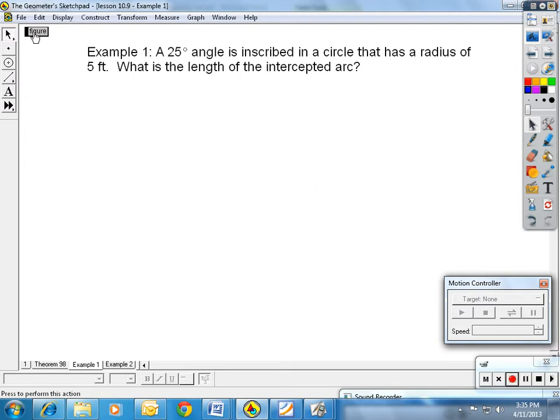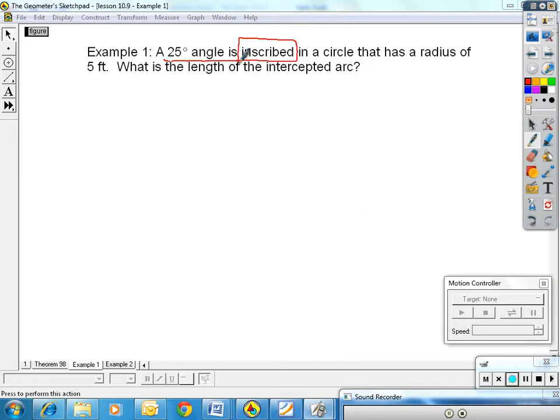Again, I've already shown you the figure, so it's kind of let the cat out of the bag. But looking at example 1, a 25-degree angle is inscribed in a circle that has a radius of 5 feet. What is the length of the intercepted arc? We're struggling, I notice, with being able to take a paragraph and draw the figure. So here's an example again. A 25-degree angle is inscribed.